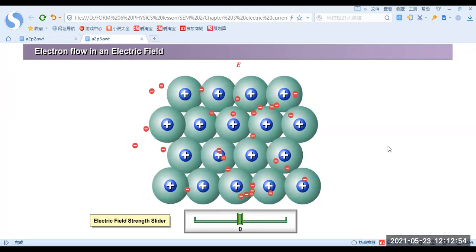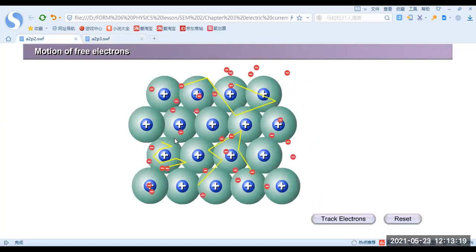If the free electrons flow in an electric field, this will be the direction. We notice the charge flows from left to right now. Before that, the difference between these two diagrams is that the free electrons move freely and randomly without any electric field.